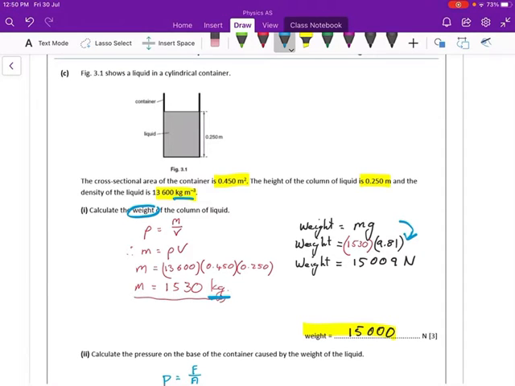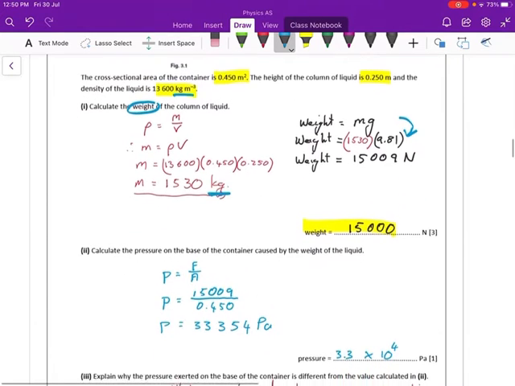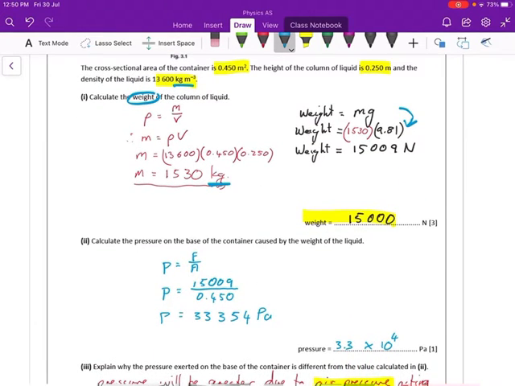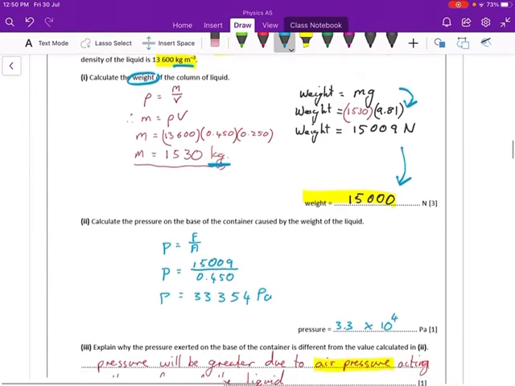Remember, weight is nothing else than a force, and again, force is mass times gravitational acceleration, and in physics AS we always use 9.81. Again, rounded to two significant figures. I didn't penalize anyone for doing more significant figures in there.